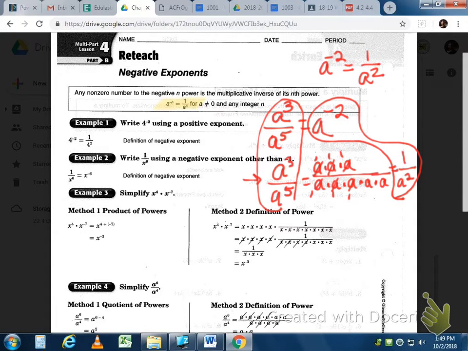Now, I will tell you this. At the top of your paper, I want you to put an asterisk: never leave negative exponents.